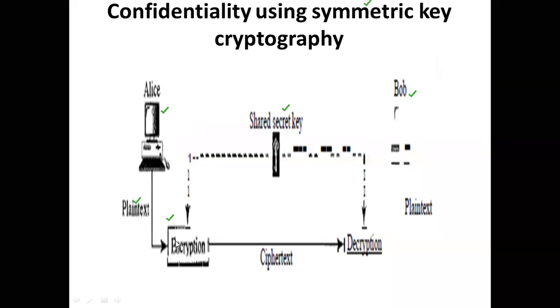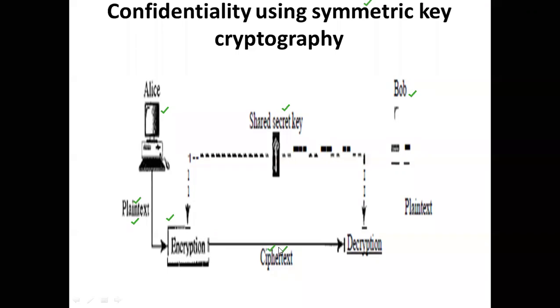So at the sender side, the encryption algorithm and the symmetric key are applied. Once encryption of data is done, that text is called cipher text. Before encryption, it is called plain text, and after encryption, it is called cipher text. So cipher text is nothing but encoded data or an encoded message.